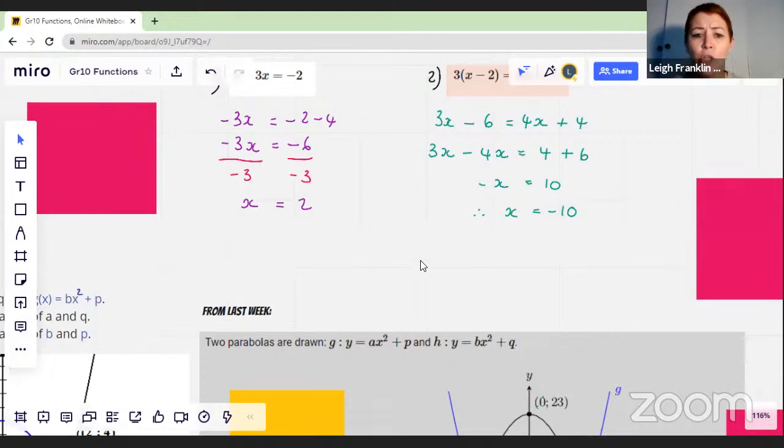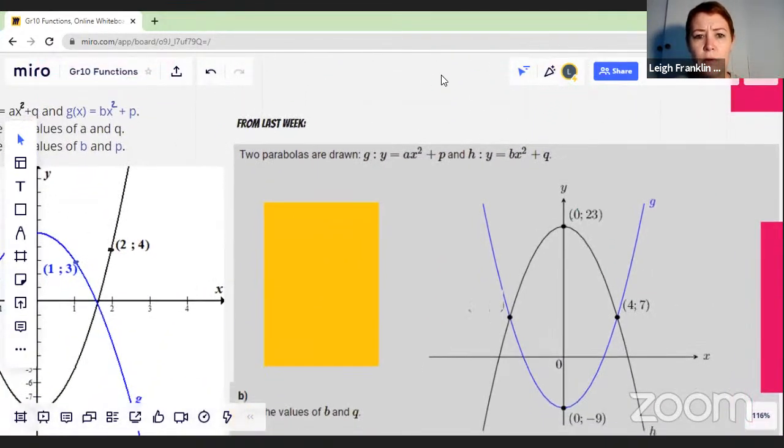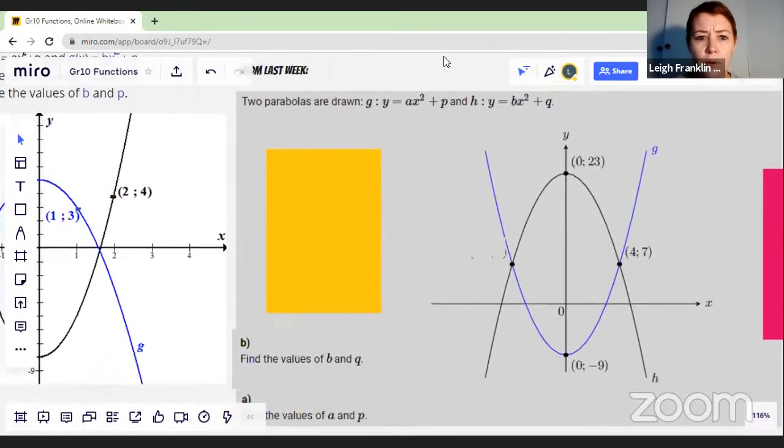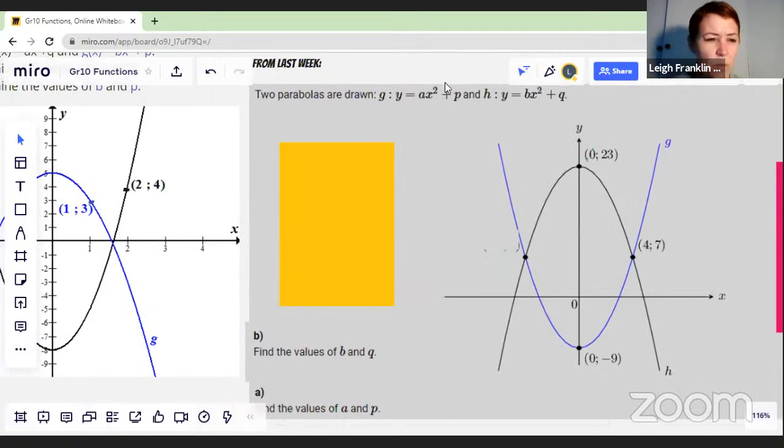Okay. Now, do you remember this question from last week? This wasn't a very nice question for us, and we really struggled with it. So what I decided to do is that we should do this question again, all right? Because there were a lot of people who ended last time not understanding what was going on.